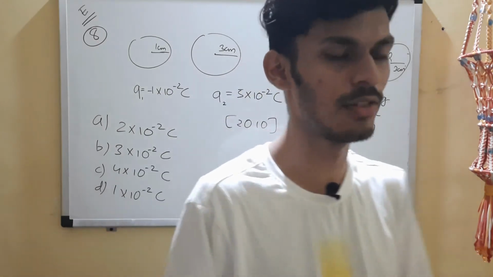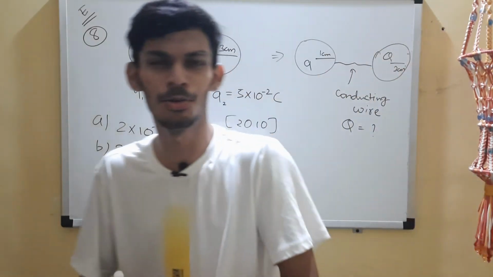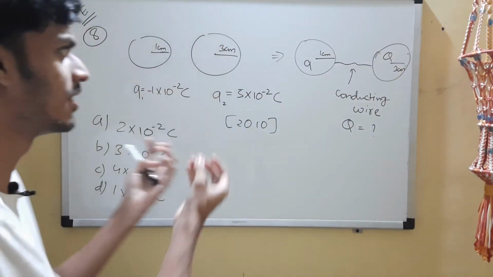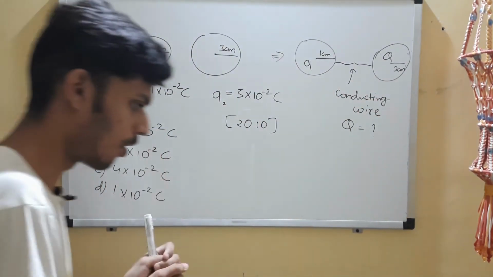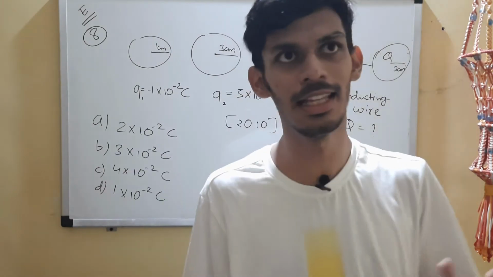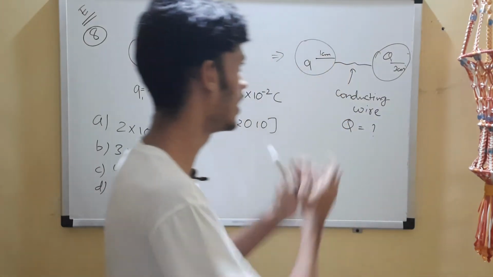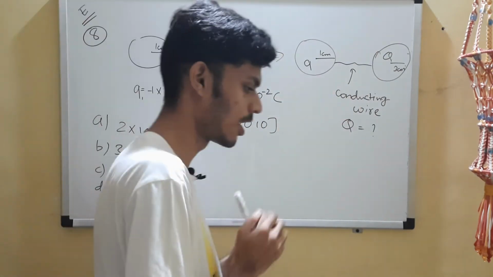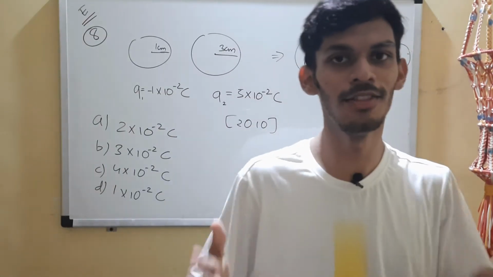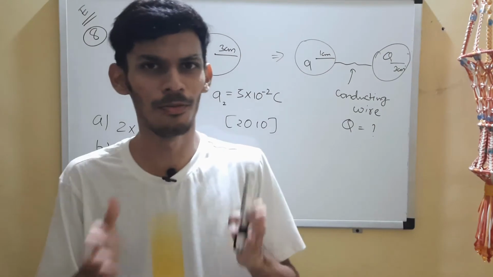It is a conceptual one. If you know the concept, you will be able to do it. First of all, tell me, why does the charge flow? What is the reason for the flow of charge? It is simply a difference in potential, right? There is a difference in potential between these two spheres, and that's why the charge flows. And now when will the charge stop flowing?